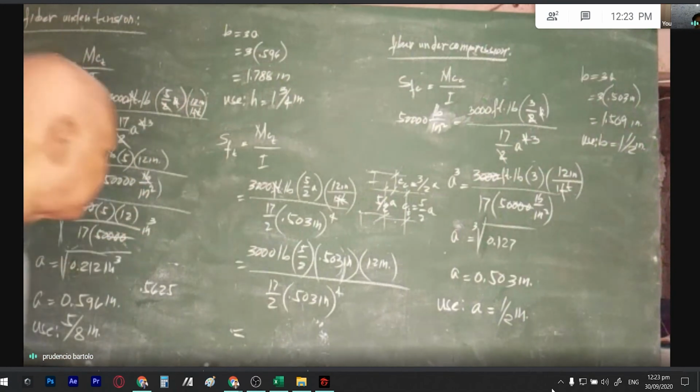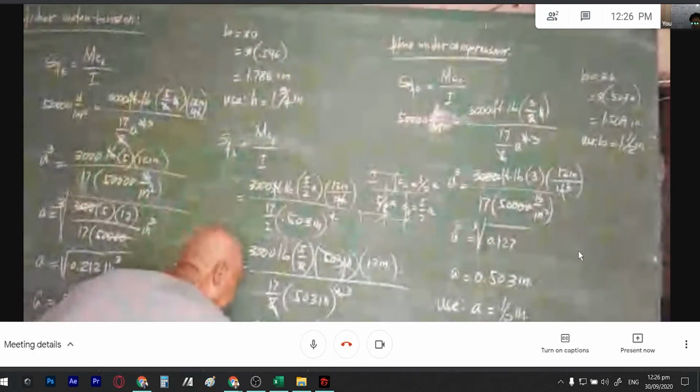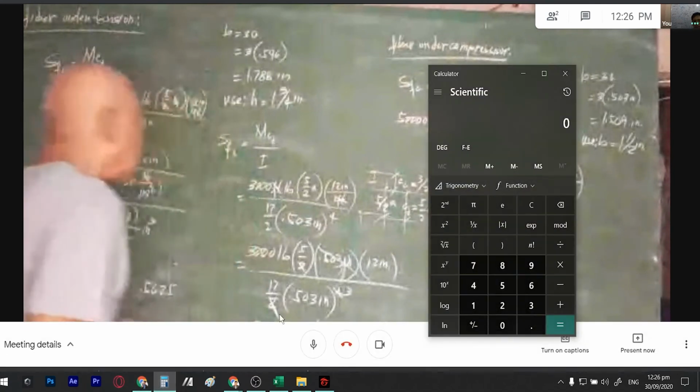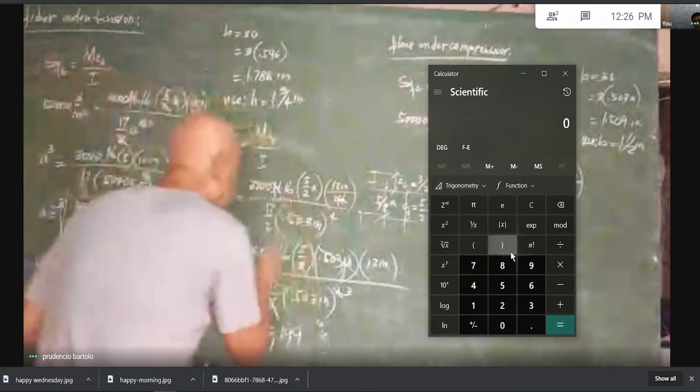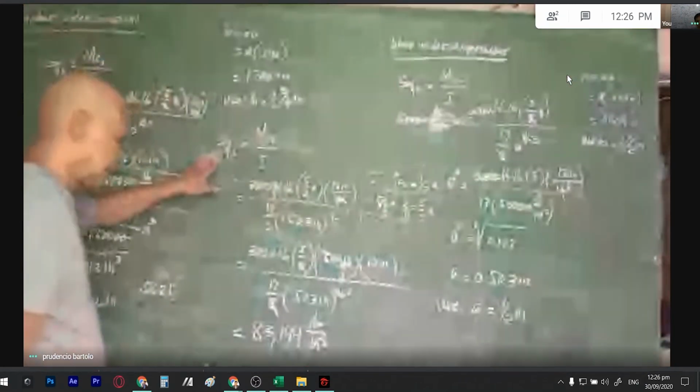So what is the value of this? 83,199 pounds per inch square, a unit of stress.